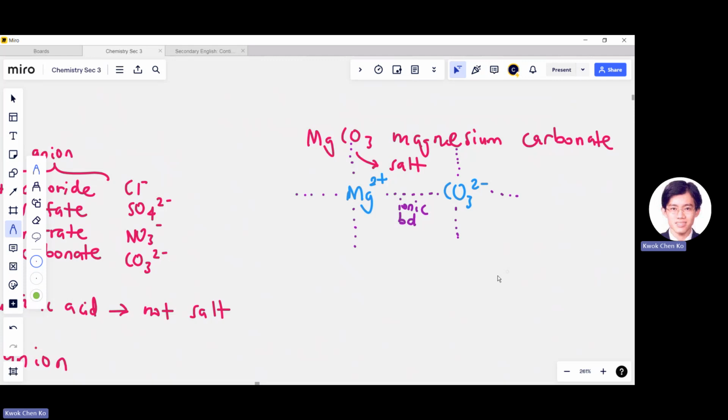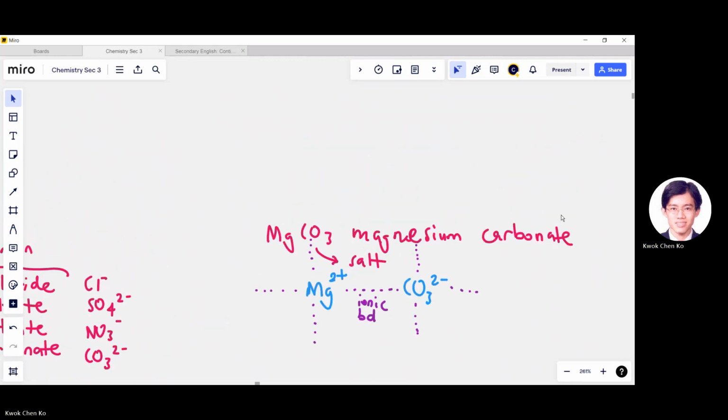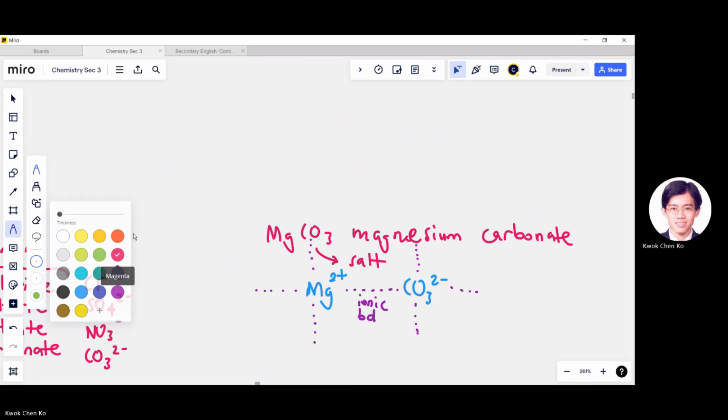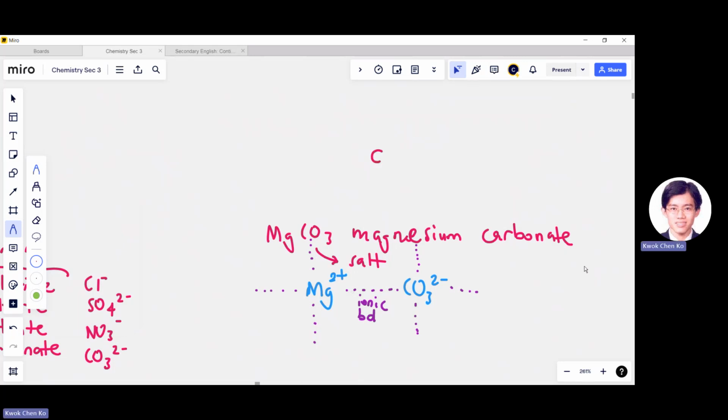But there's one small question, right? Does anybody want to ask? How about this guy? Carbonate. What is carbonate? You have 1 carbon, 3 oxygen, right? How are they bonded then? You must have 1 carbon atom and 3 oxygen atoms, huh? But how are they bonded, Dylan? Ask yourself first, are they metals or non-metals?